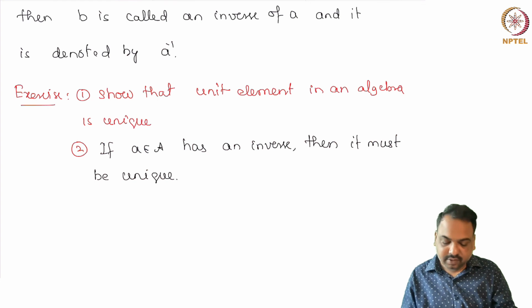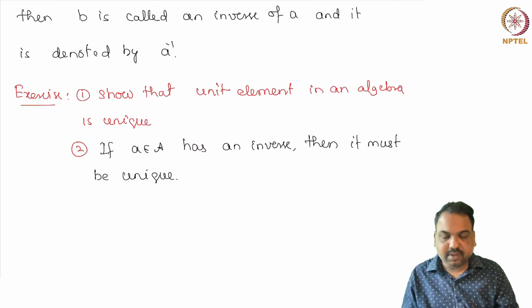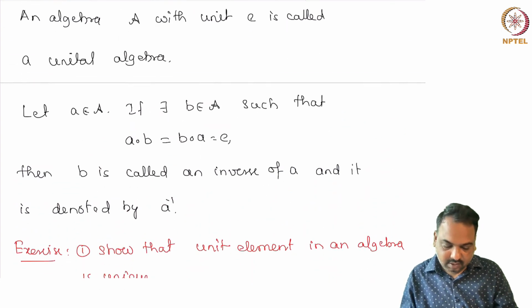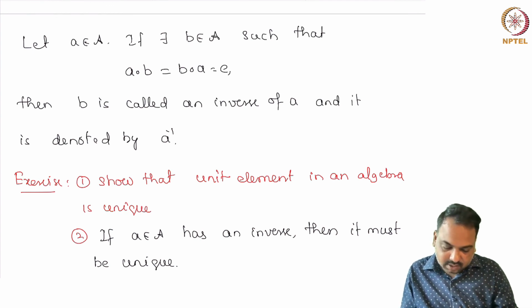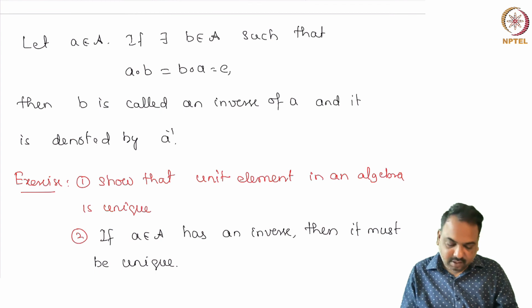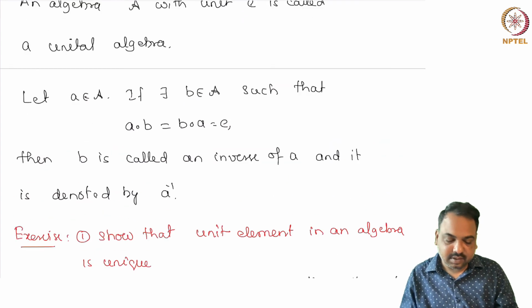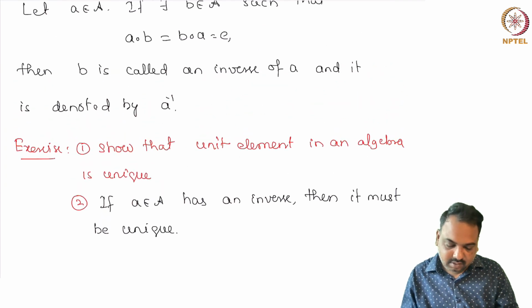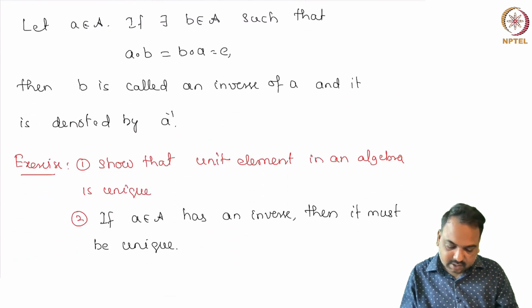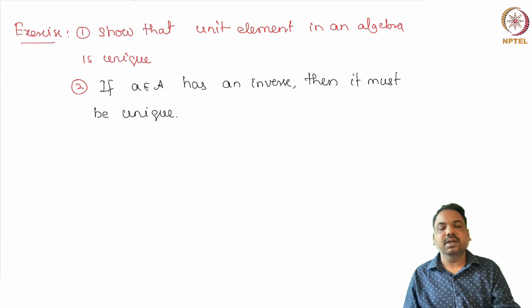This is very well known from properties of rings. Okay, so for this reason we always say the unit, the identity element, and the inverse of an element. Okay, so these are some definitions of algebra and the elements in the algebra.